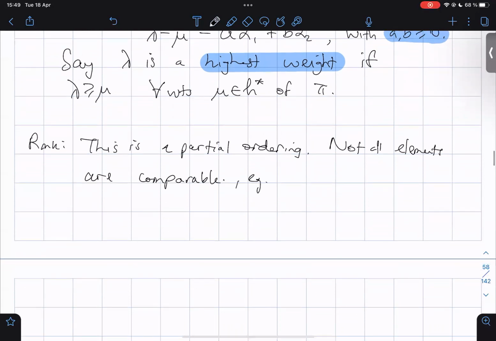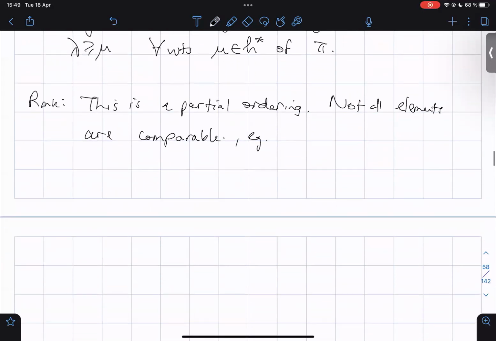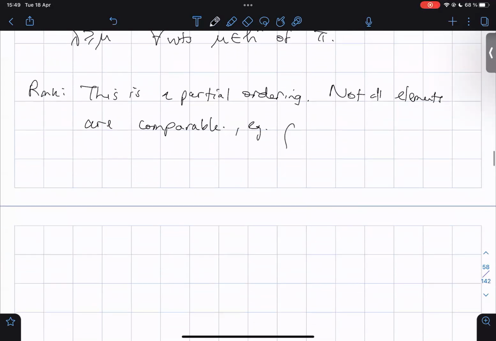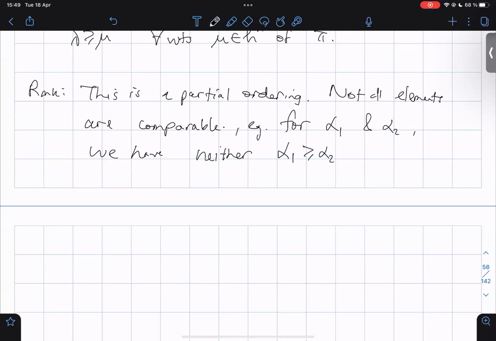So for example, for alpha 1 and alpha 2, we have neither alpha 1 greater than or equal to alpha 2, nor alpha 2 greater than or equal to alpha 1.